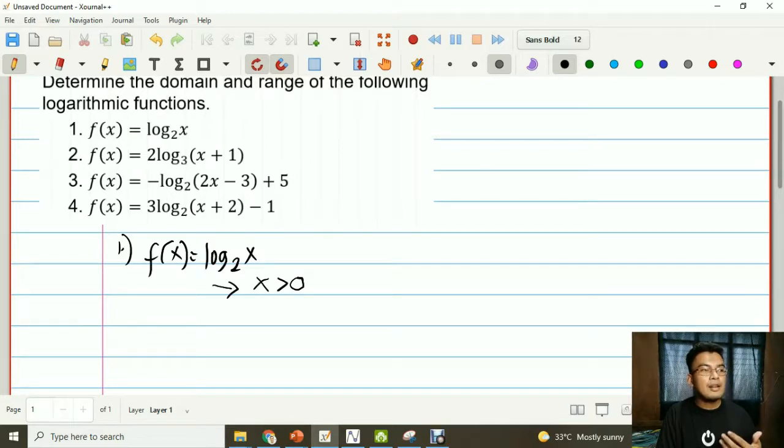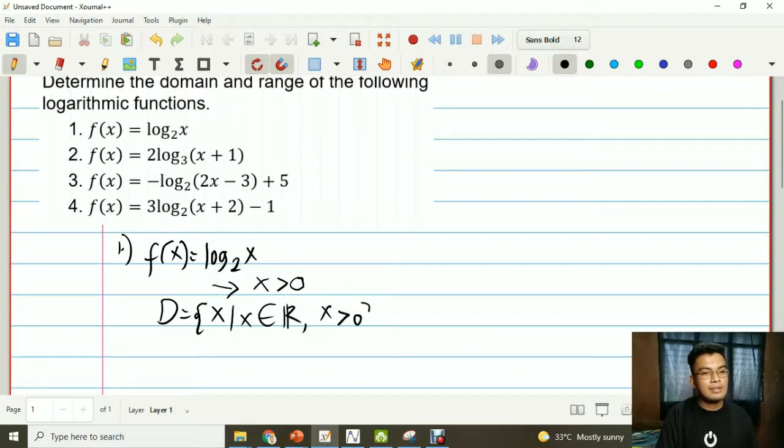Kasi, yung x, hindi pwedeng mag-equal kay 0 yan, at hindi siya pwedeng mag-negative. So our domain here is the set of all x's such that x is an element of real numbers and x should be greater than 0.